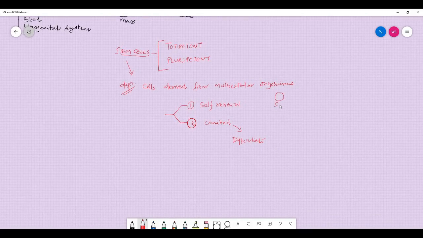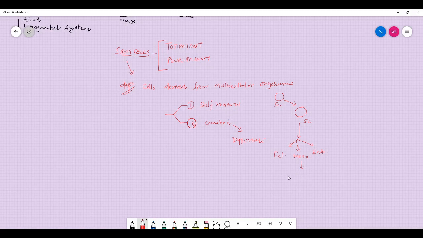One stem cell can divide and give rise to another stem cell. What is committed? This stem cell can become an ectodermal cell, a mesodermal cell, or an endodermal cell. For example, if it becomes a mesodermal cell, then it can terminally differentiate into a muscle cell, a bone cell, a blood cell, or a cell of the urogenital system.